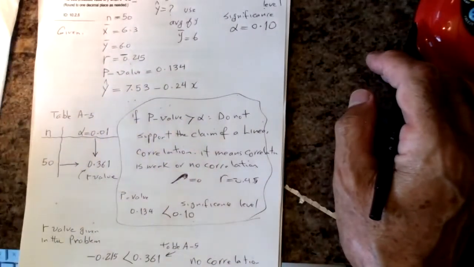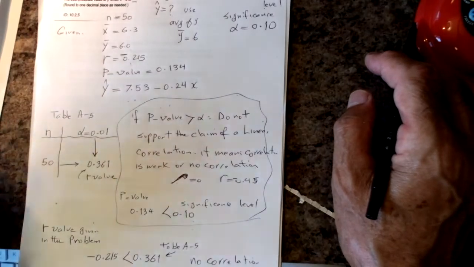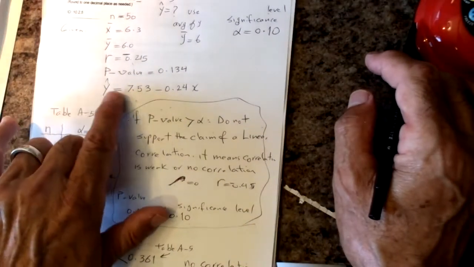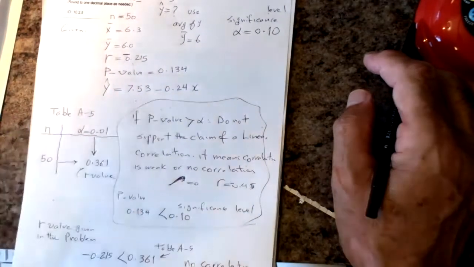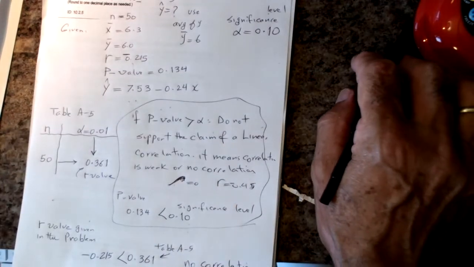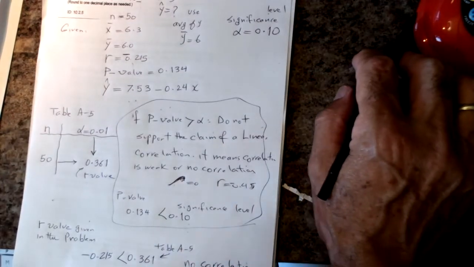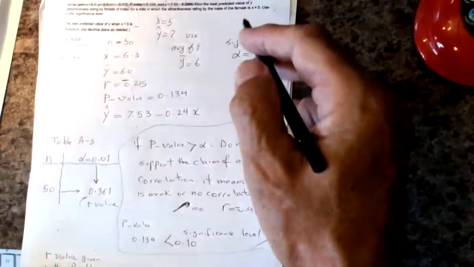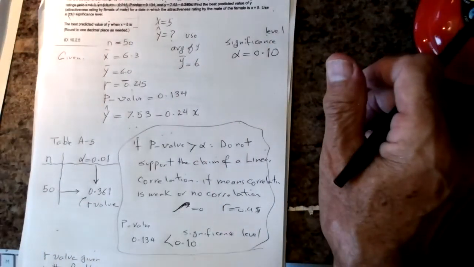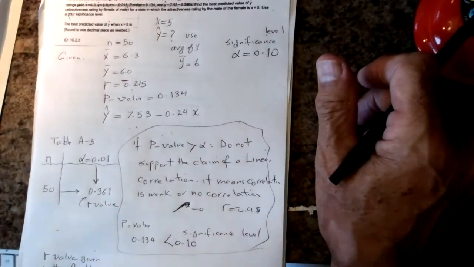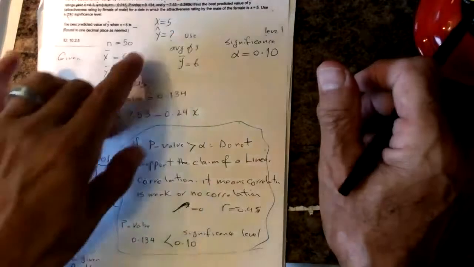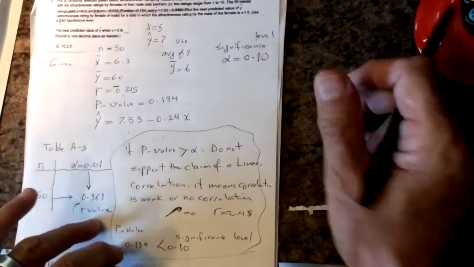So again, if you do not have a good correlation, do not use the regression equation. Even though you see it, you cannot use it because you don't have a good correlation. In that case, for any value of x, it doesn't matter whether it's 5 or any other number, always take the average of all the y and use that. And just say, okay, if x is 5, y equals that.